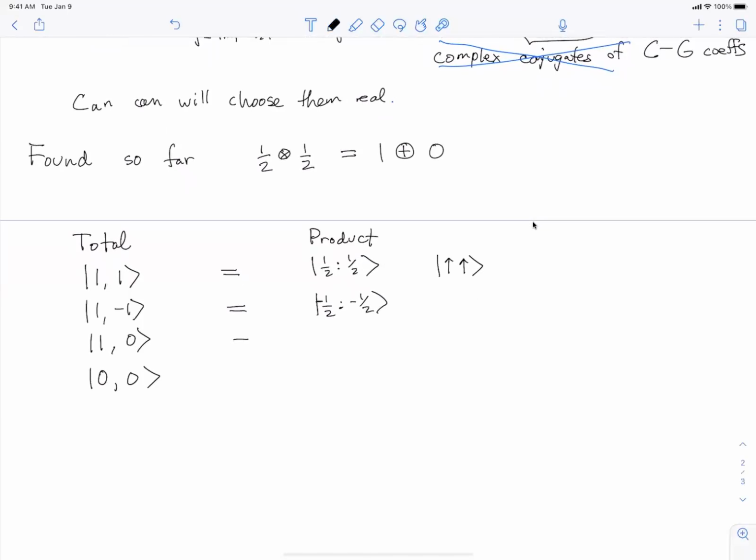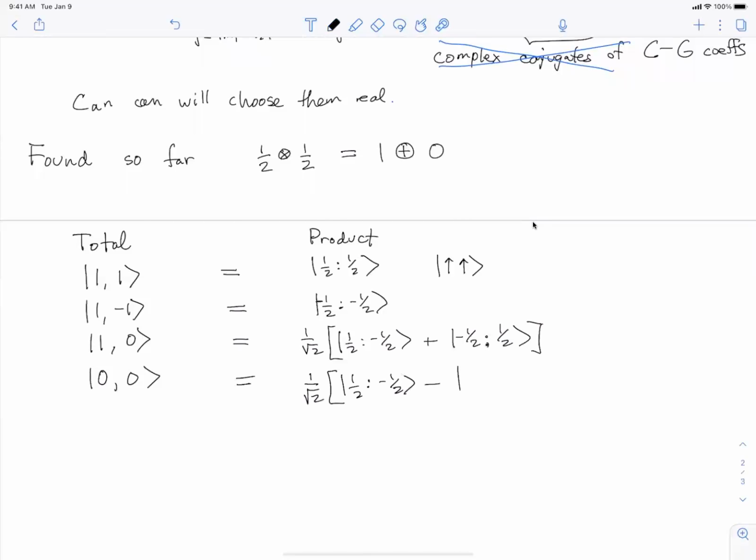And the 1, 0 state is 1 over square root of 2 times (1/2, -1/2 plus -1/2, 1/2). Whereas 0, 0 is the orthogonal linear combination of those two product basis kets.